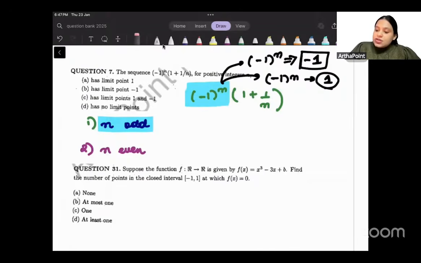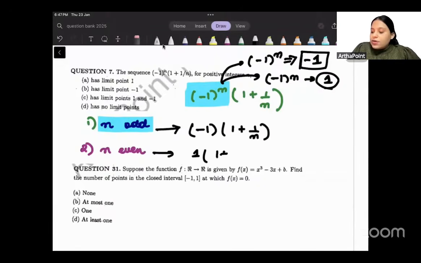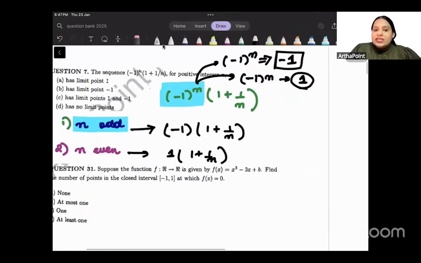So you can rewrite this function. For odd, it will become -1 times (1 plus 1 by n), and for even, it will become 1 times (1 plus 1 by n). Right? Now to check the limit points, you can plug n as infinity.